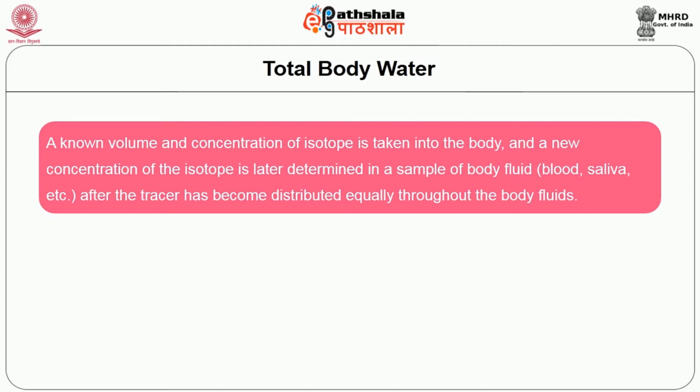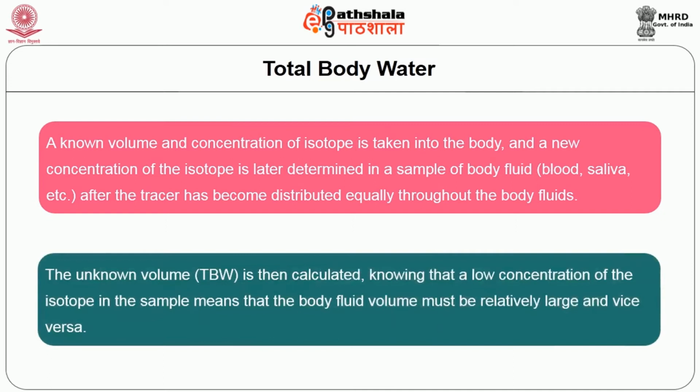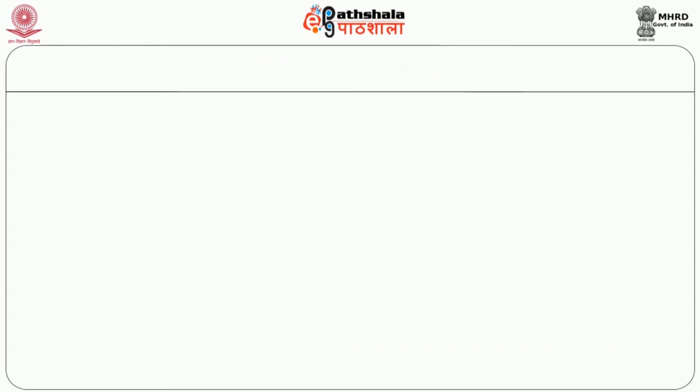That is, the body fluid can be blood, saliva, or anything else, after the tracer has become distributed equally throughout the body fluids. The unknown volume, TBW, is then calculated, knowing that a low concentration of the isotope in the sample means that the body fluid volume must be relatively large, and vice versa.